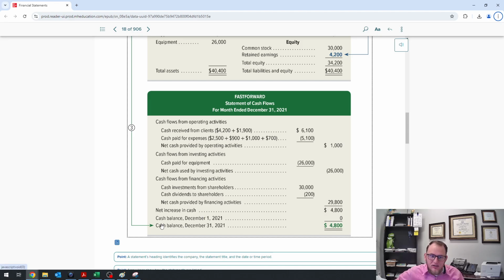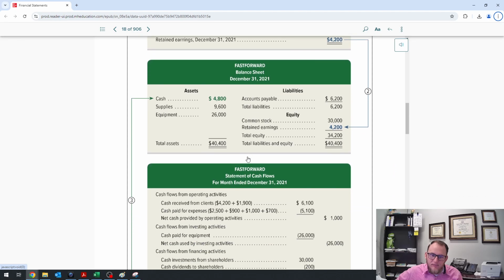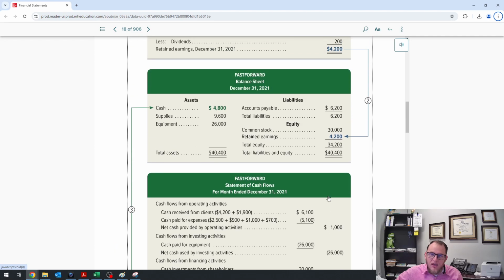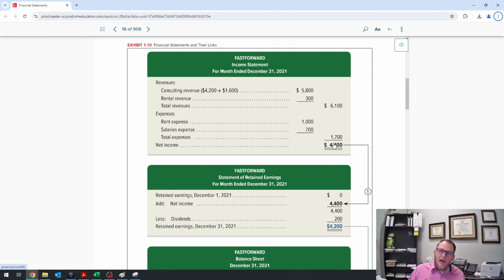And you can see here our cash at the end of the year, or at the end of the month, in our balance sheet is going to tie to our ending cash here in our cash flows. And so all of these statements tie together, and they all just report our information, our transactions, for the users of these financials.